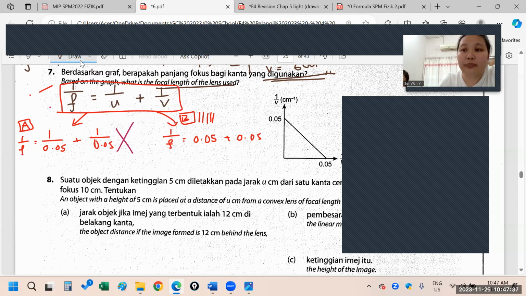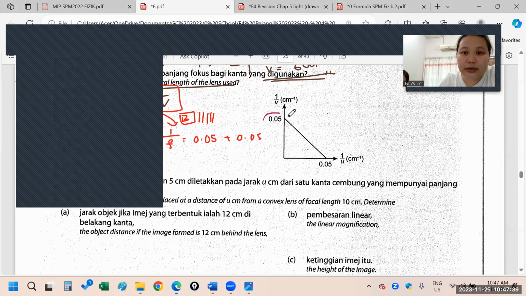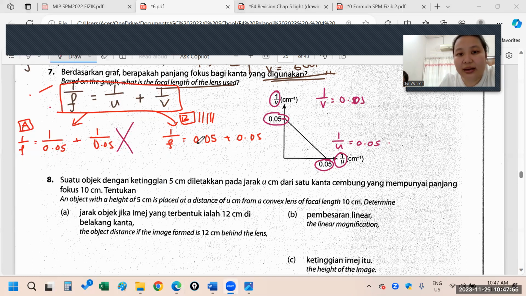Because from the graph, 0.05 is actually 1/V. Then the other 0.05 is actually 1/U. So we just directly say 1/U is 0.05, 1/V is 0.05.